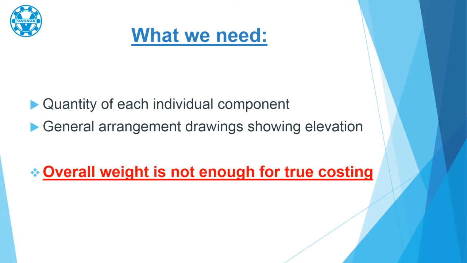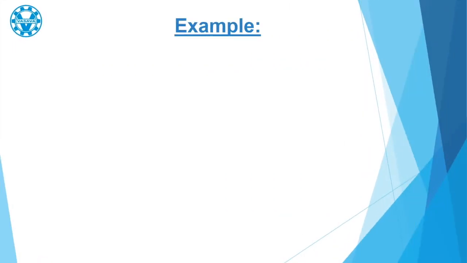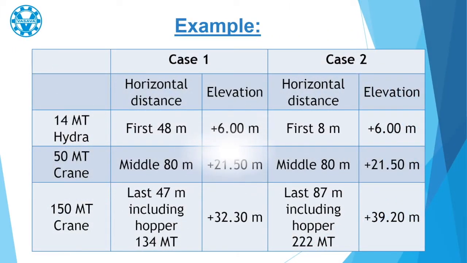Say the previous example of belt conveyor is taken. Case 1. A conveyor has a certain profile. For example, total horizontal distance is 175 meter. Out of this 175 meter, the first 48 meter is horizontal and the elevation of technological structure is 6 meter.